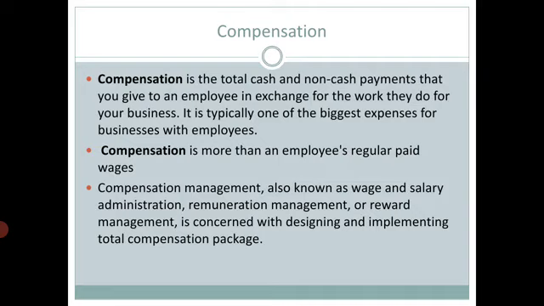The reward paid to a white collar worker is salary. Both blue collar and white collar workers are very important from your organization's viewpoint. In today's lecture we are going through compensation.